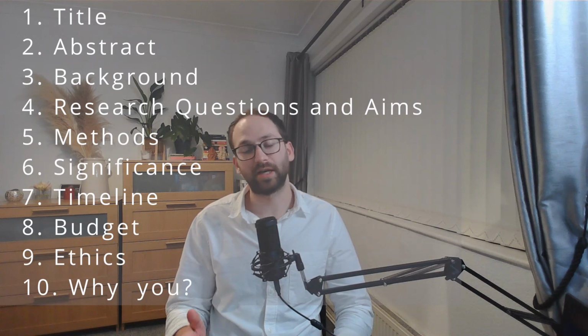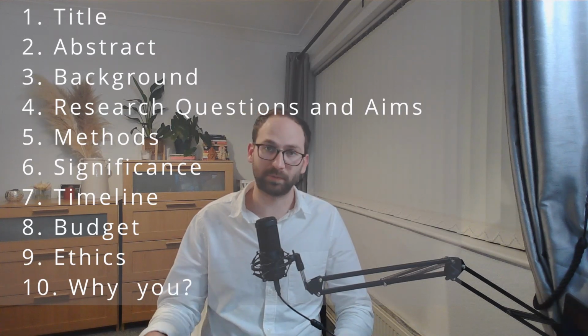The next section they might want from you is a justification of why you, why this university, why this group. This is basically a very short cover letter for you to explain why you are the right person, that you have the skill set and knowledge to do this. For me, it was quite easy when I moved to my PhD because I had done a masters in DNA damage repair, and then I ended up doing a PhD in DNA damage repair.